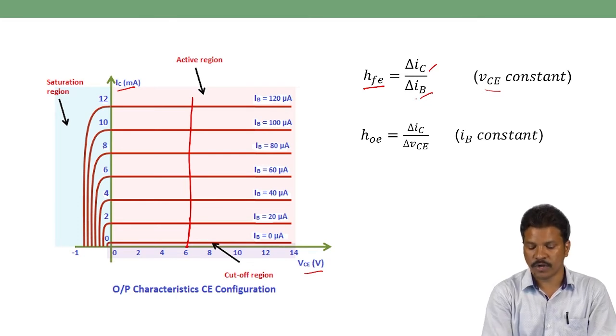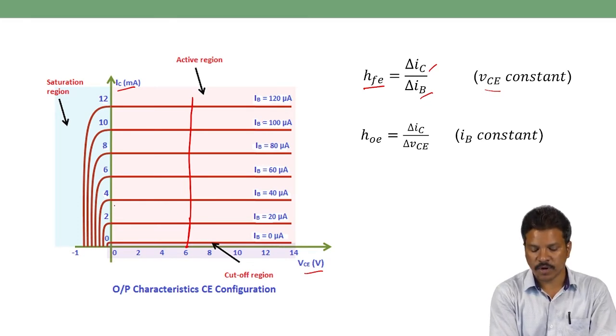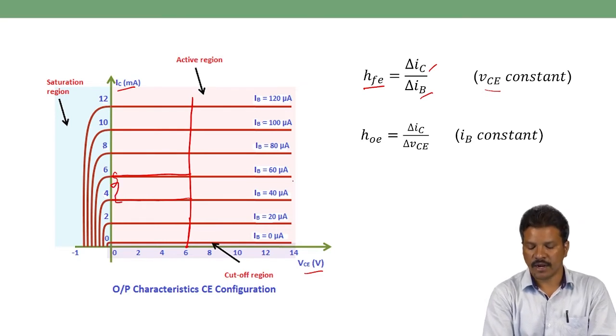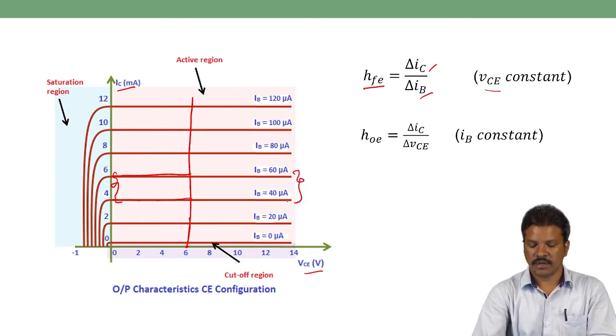The corresponding currents are 4 and 6. So this is the change in collector current and the corresponding change in base current.